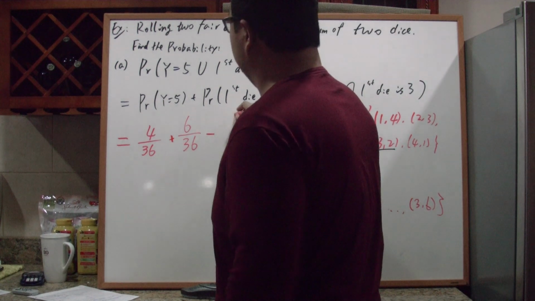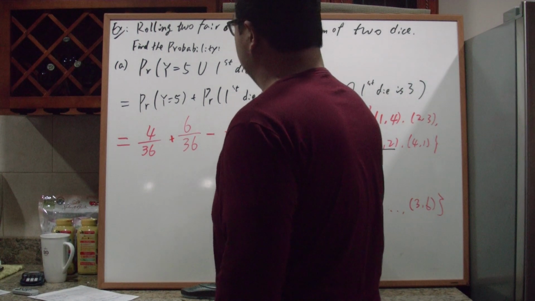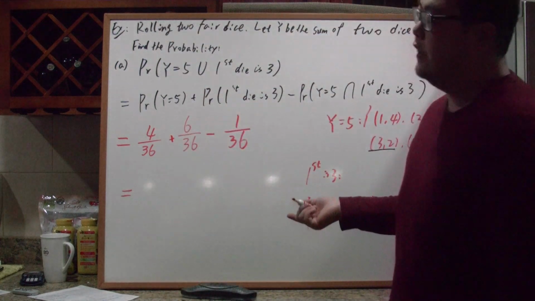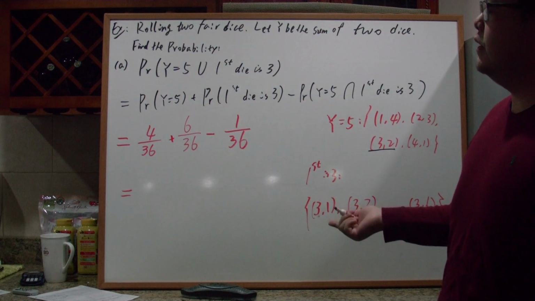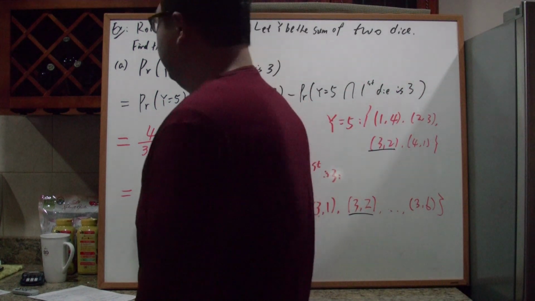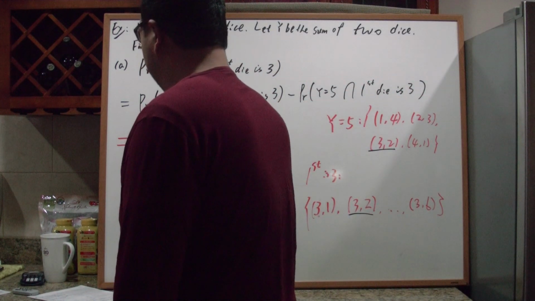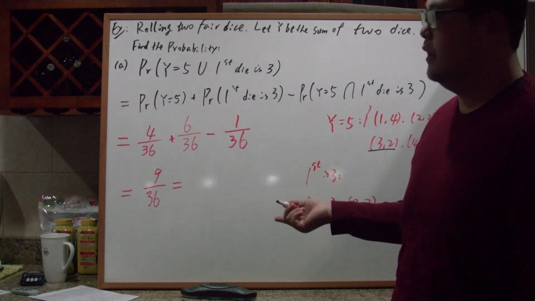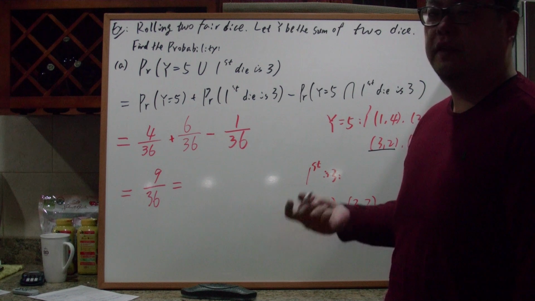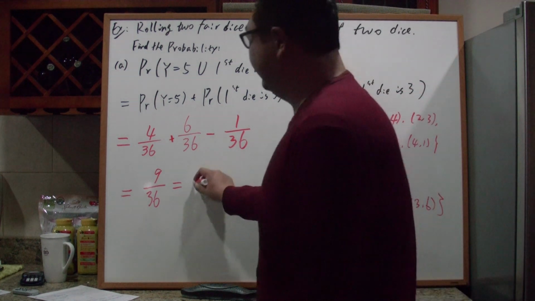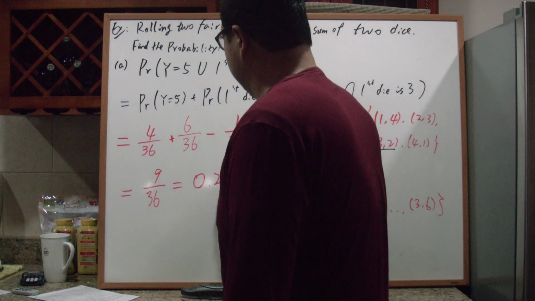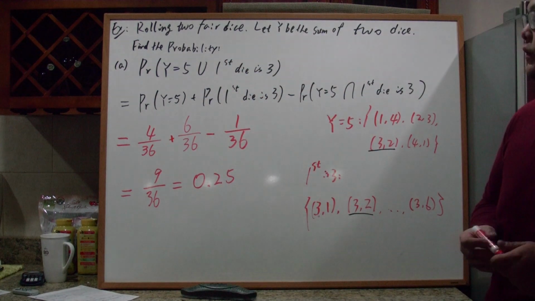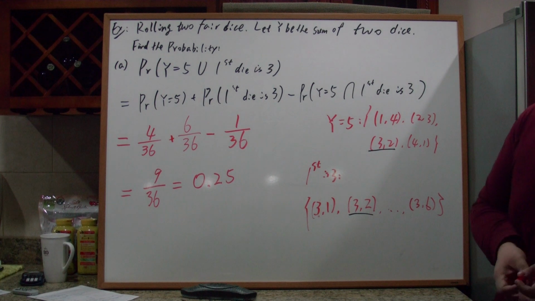The probability will be 1 out of 36. When we simplify it, 4 plus 6 minus 1 gives us 9 over 36, which can be turned into decimal, 0.25. You could use a calculator to divide it, right? That will give us 0.25.